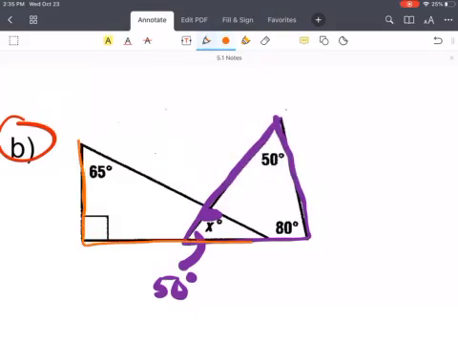And then in this triangle, the angle is going to have to be 35 degrees, which means x being this angle left, we would subtract those 2 from 180 and find out that x is, and I screwed up again. This is not 35. This is 25 degrees, which means that x has to be 105.